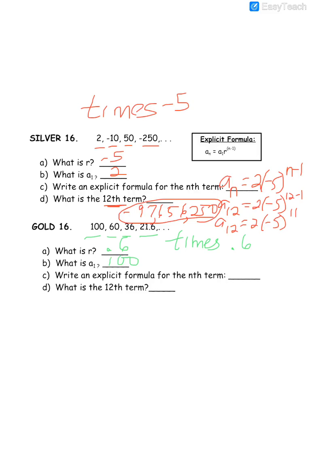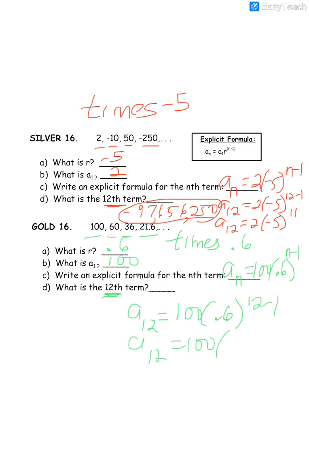My explicit formula is a sub n equals 100 times 0.6 to the n minus 1 power. Find the 12th term. So I'm going to do 100, 0.6, 12 minus 1, which is really the 11th power.